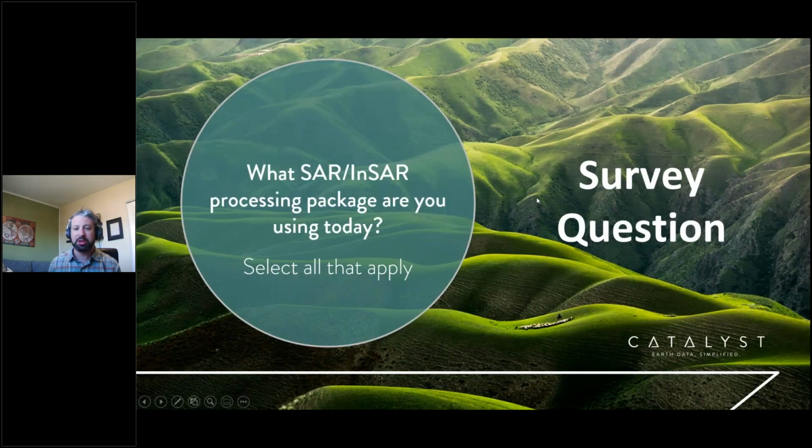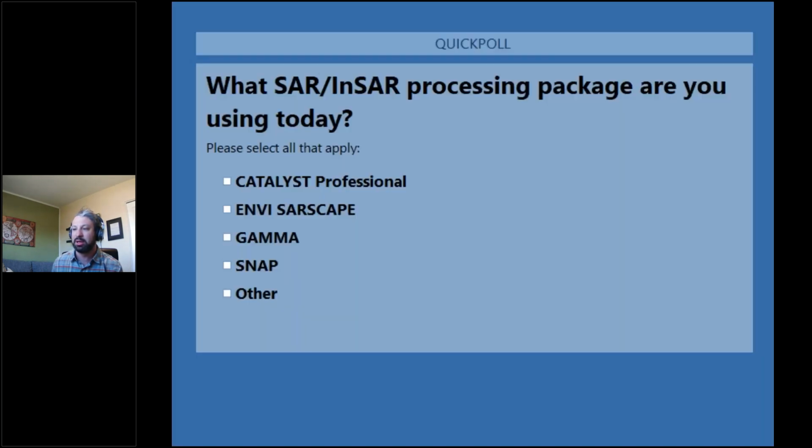So this brings us to our final survey question before we go into our Q&A session and round things out in this webinar. As I queue this up, just curious to know what SAR or InSAR processing packages are you using today? And feel free to mention multiple if you're leveraging multiple packages.